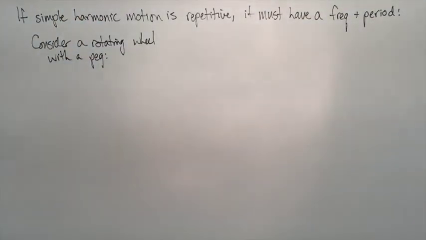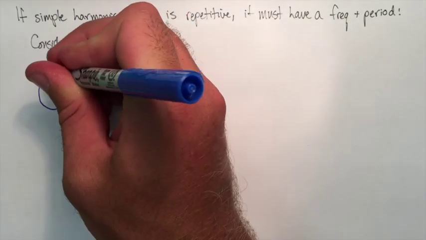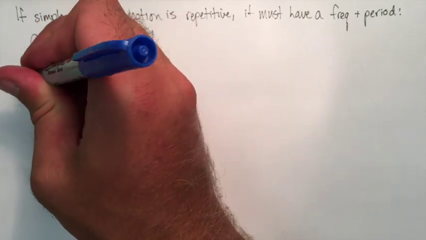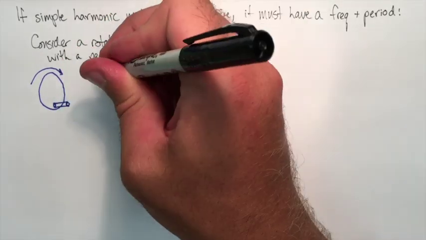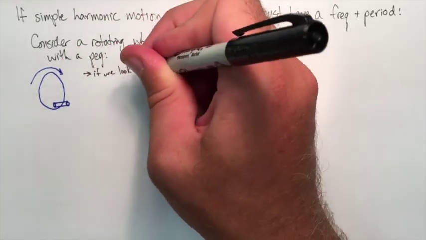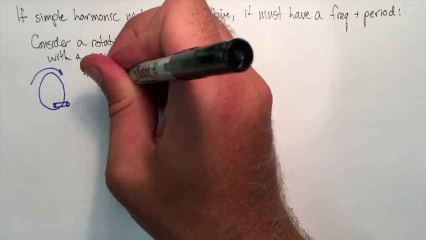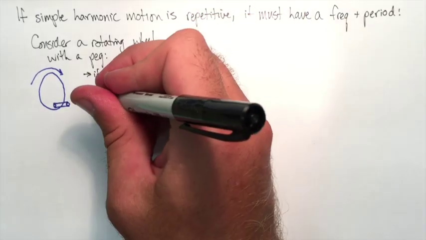Let's consider a rotating wheel, similar to the diagram in your note, where we have a peg at some point on that wheel. The wheel would be turning, it has some radius r. If we align it so that we're standing beside the wheel, all we're going to see is the peg go up and down, up and down. So let's consider that view of this motion for our derivation.